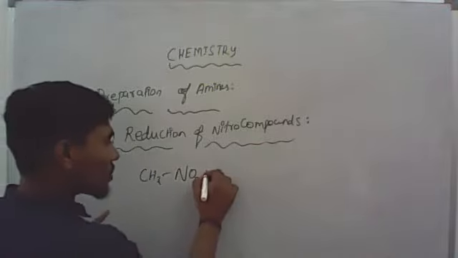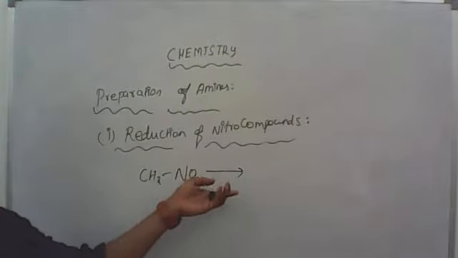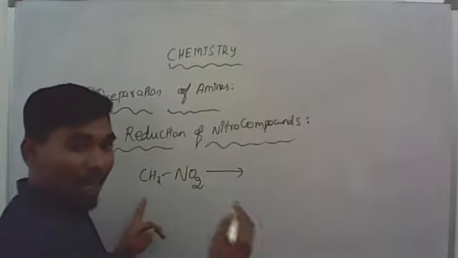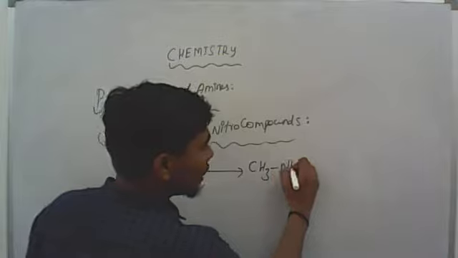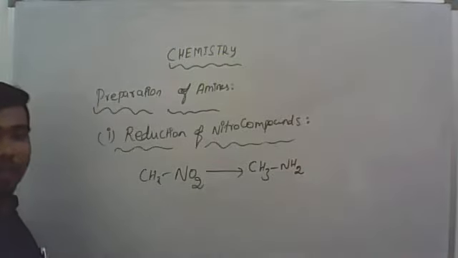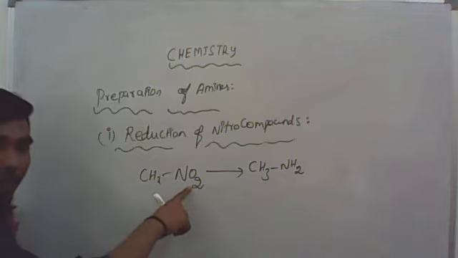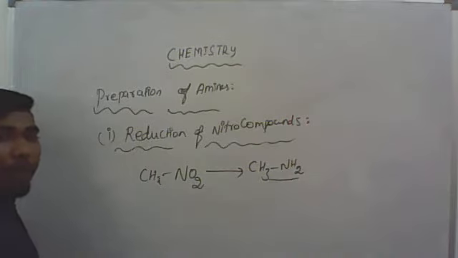See here, I must write generally CH3NO2. If the reduction process is carried out, what is the product? Removal of oxygen and adding hydrogen gives CH3 and NH2. This is our product. What happened? The two oxygens are removed from here and two hydrogens added here. This is a primary amine.